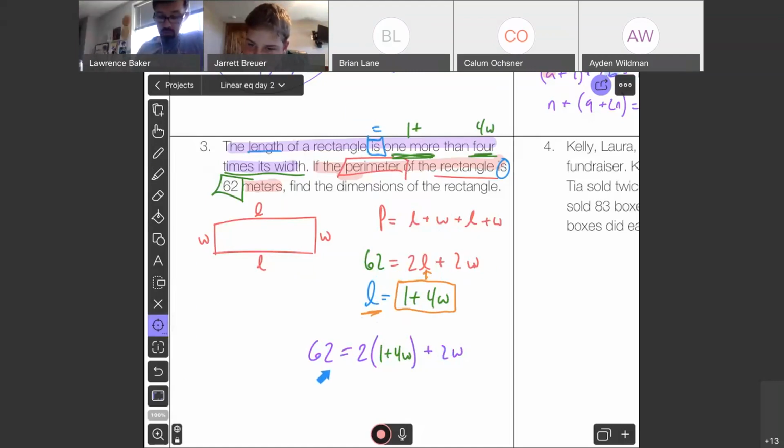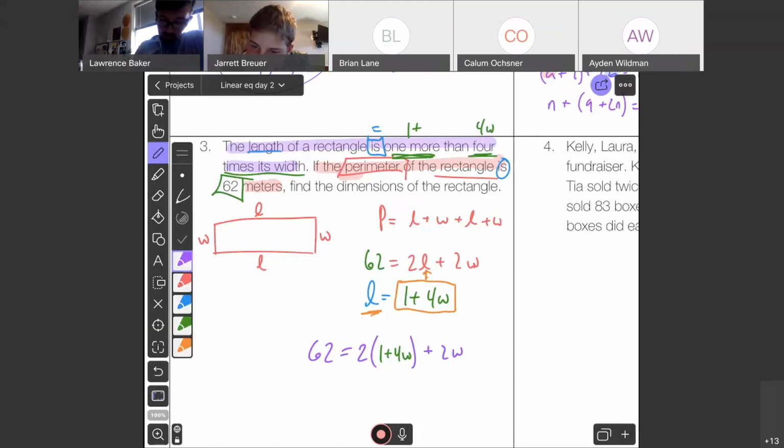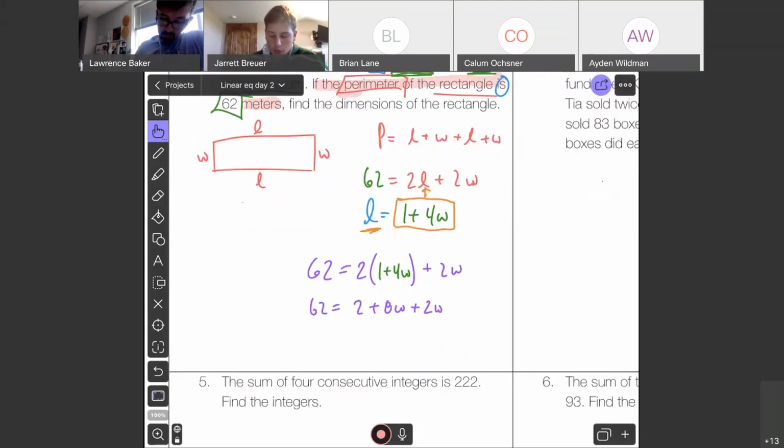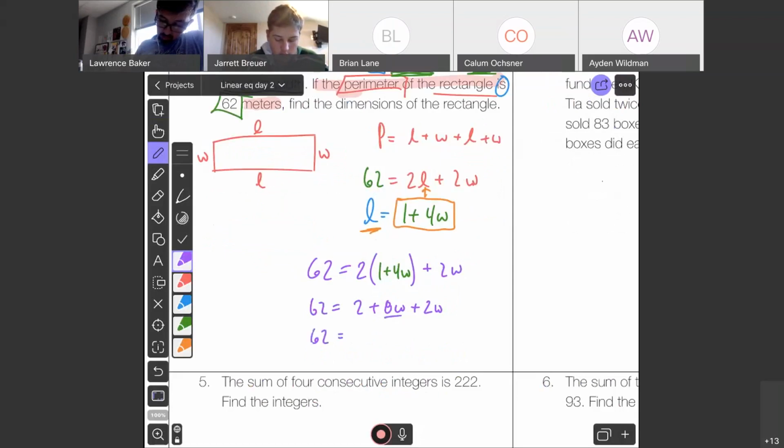Got some distribution to do. Again, this part should be easy. 2 times 1 plus 2 times 4W plus 2W. Combine like terms. So 62 equals, that's what, 10 W's plus 2?